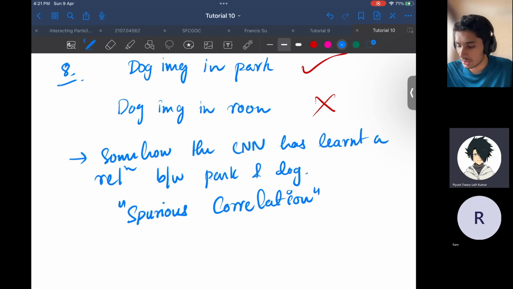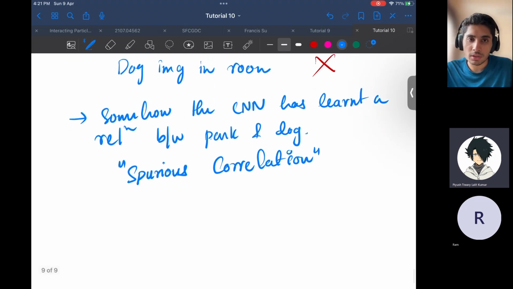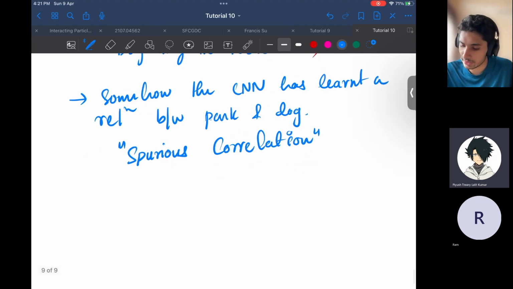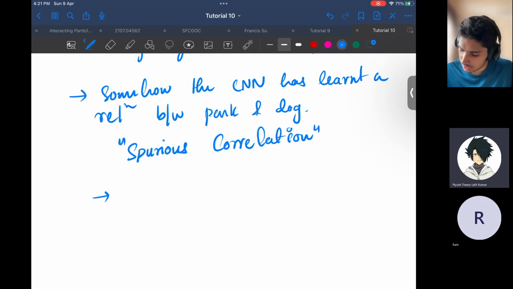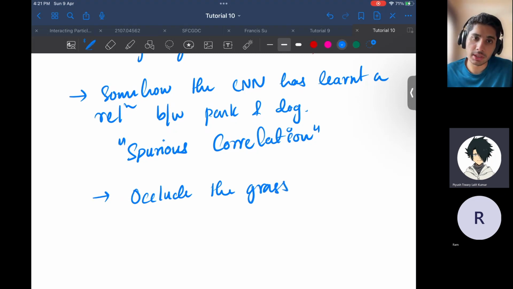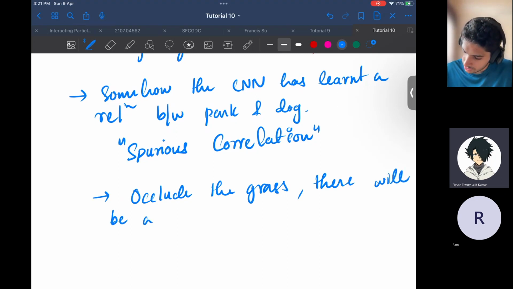So if you perform an occlusion test, what you will see amongst the given options is that if you occlude the grass, there will be a large drop in performance.